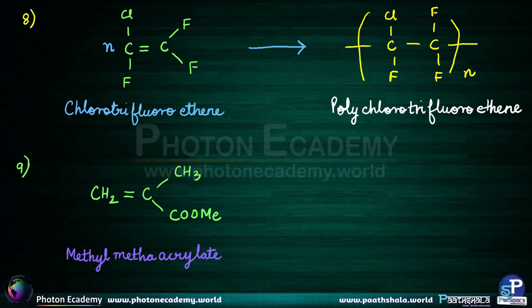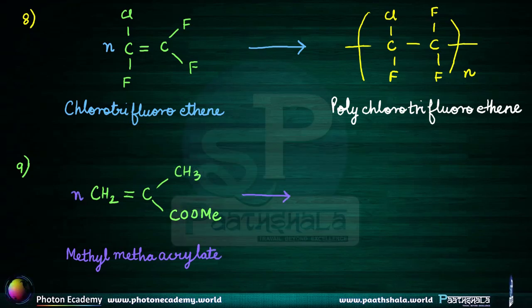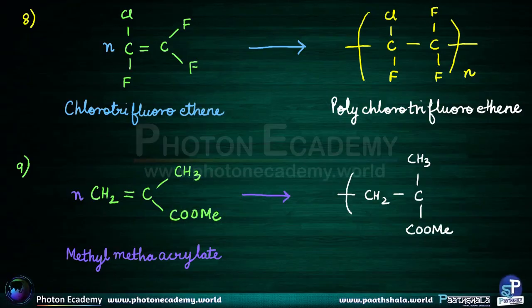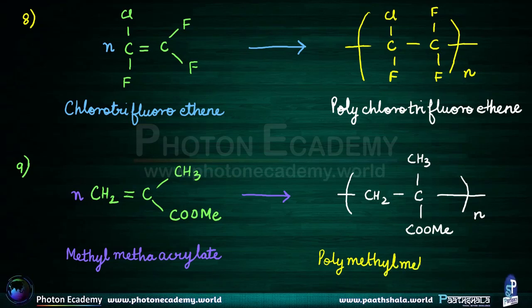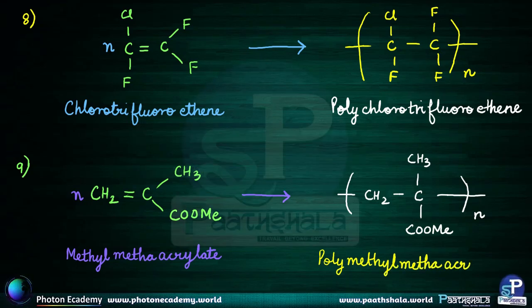So n units of this on polymerization will lead to the formation of the polymer, which is CH2 single bond C, CH3 at the top, then we have COOMe at the bottom, and n units of this, which will be referred to as polymethyl methacrylate, PMMA.